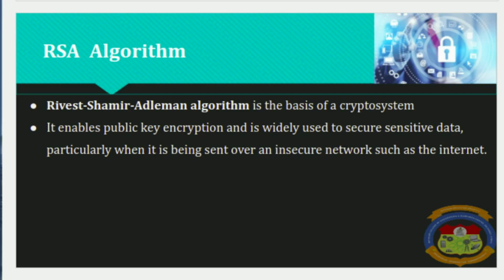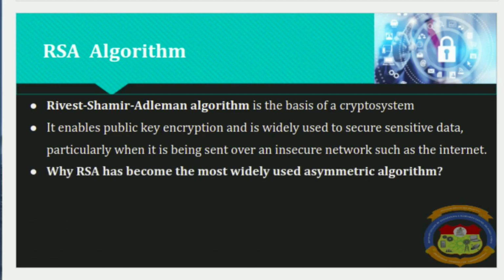Then the question arises in our mind: why has RSA become the most widely used asymmetric algorithm? In RSA cryptography, both the public and the private key can encrypt a message. The opposite key from the one used to encrypt the message is used to decrypt it.